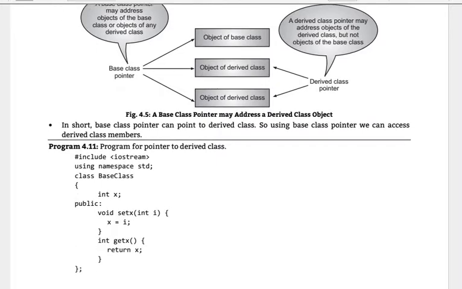Now we will see one program for pointer to derived class. See here, class Base is a base class having a private data member, an integer x, and in the public section there are two member functions, setX and getX. In setX we are assigning the value i to x, and in getX we are returning the value x.